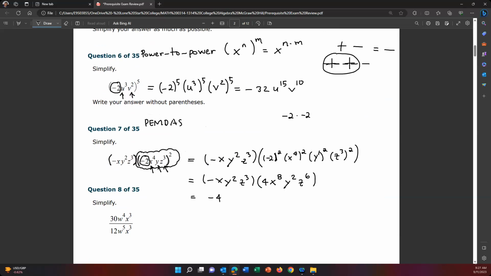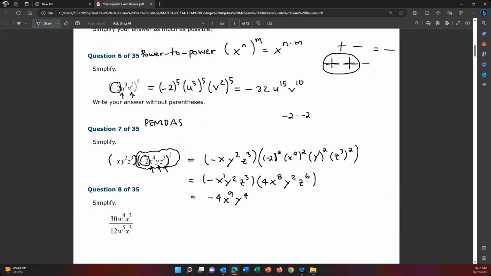This x times that x, we keep the base. Since we are multiplying, we add the exponents. This is an exponent of 1. We are multiplying y times y squared times another y squared. We keep the y and we add the exponents. Why is this?